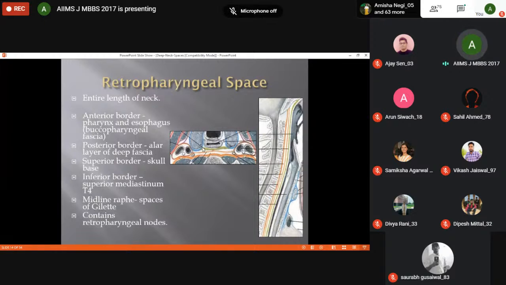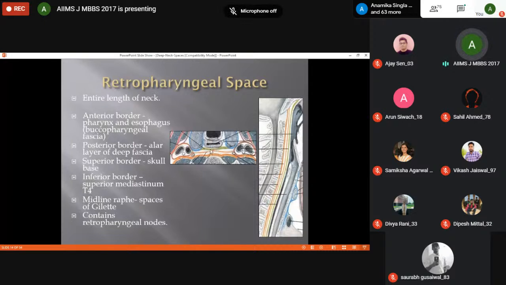They have given it a name, but it is actually attached to the middle layer of deep cervical fascia. The blue line is the middle layer of deep cervical fascia. It is one and the same thing, but there is a separate name for this specific portion of the fascia, the buccopharyngeal fascia.